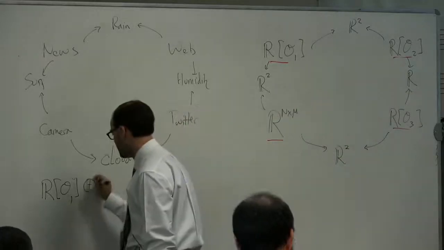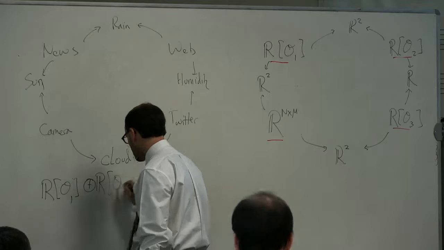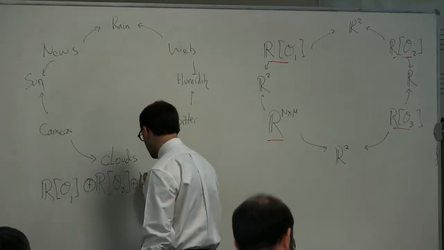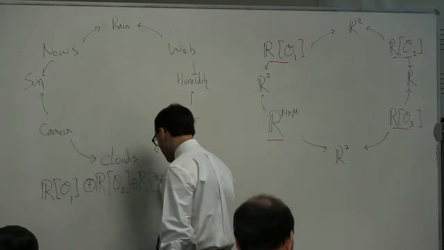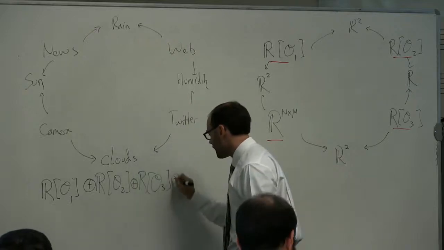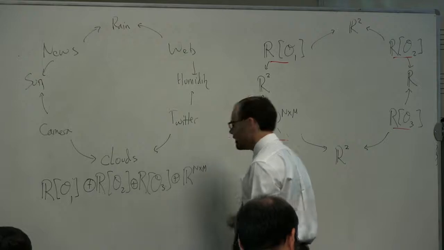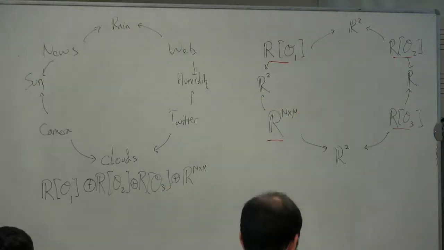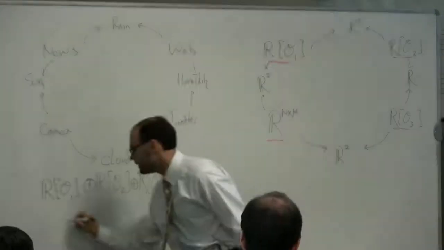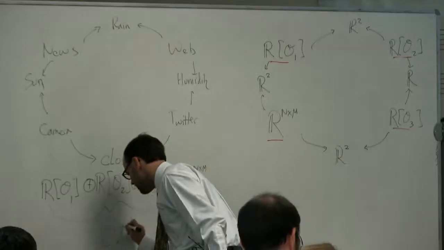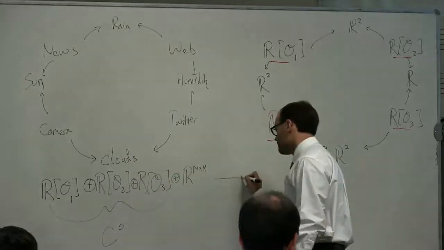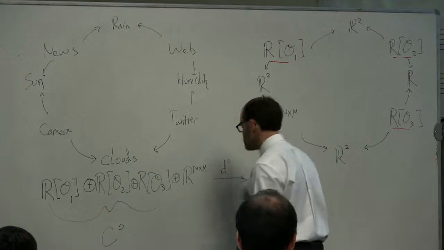So concatenate the basis on O2, concatenate the basis on O3. There are my three ontologies, as well as the space of pictures. So that's this whole thing here. This is C0.